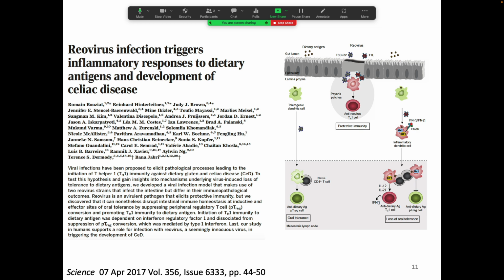I will also point out, it's not really shown here, but typically in these cases, we also tend to see that the patients have a particular type of MHC as well. So this isn't in everybody that encounters that antigen and that virus for the first time on the same day. It's only the people who also have a particular type of MHC that can present this dietary antigen in a particular way.